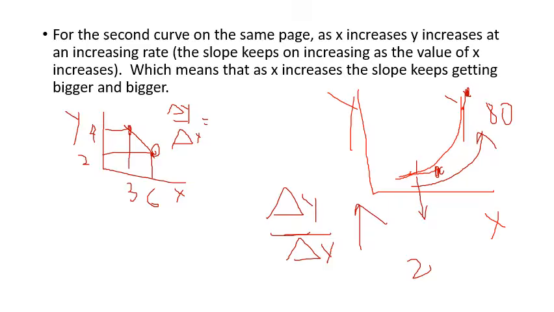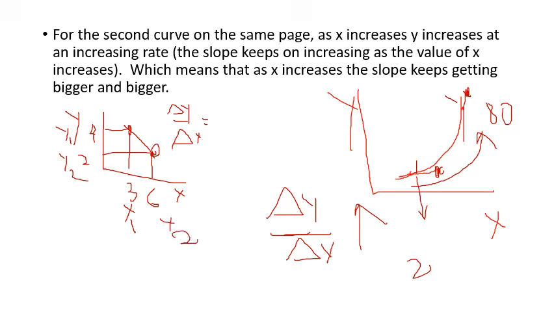So what is the slope here? If I consider this one y1, then by definition this has to be x1. If I consider this to be y2, then by definition this has to be x2.